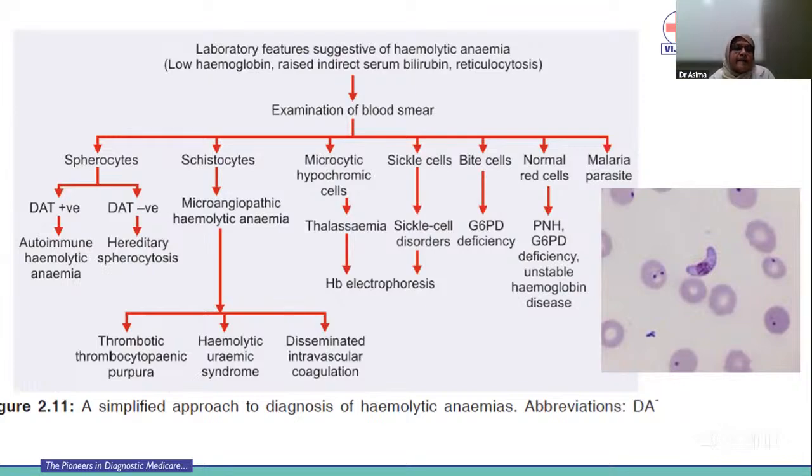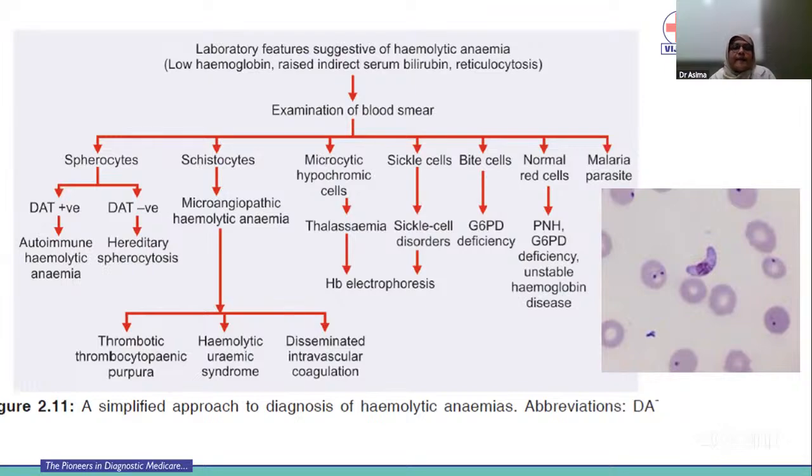If we see schistocytes, it indicates microangiopathic hemolytic anemia, which involves TTP, hemolytic uremic syndrome, and DIC. Then on the smear, if we have a microcytic hypochromic picture, and we also have hemolytic things like maybe NRBCs or target cells, then we can think of thalassemia.